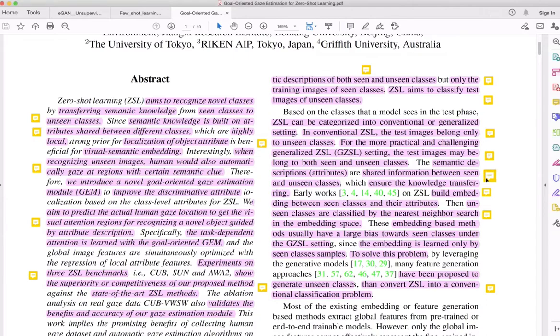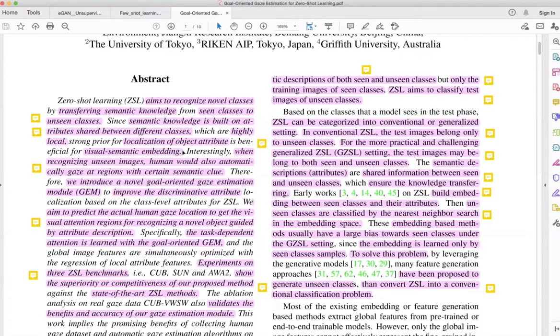Basically, what that is saying is when we have a model that is trained on classes that are well known, we want that model to be able to generalize to samples of classes that were not exposed to the model at the point of training. That's what the zero-shot learning problem is all about.